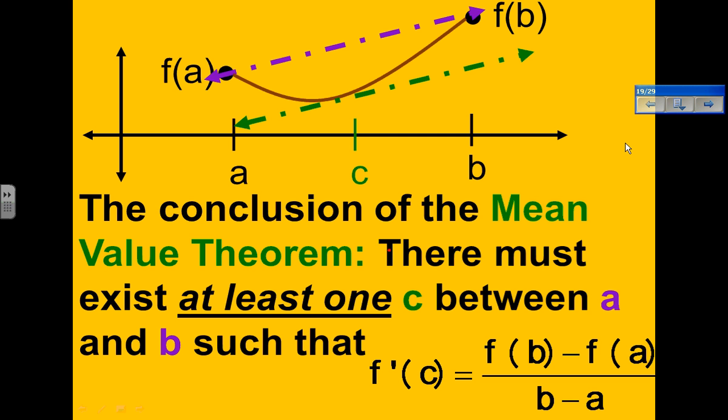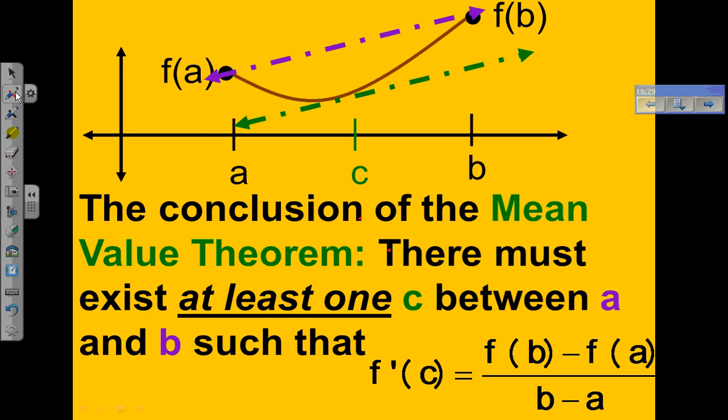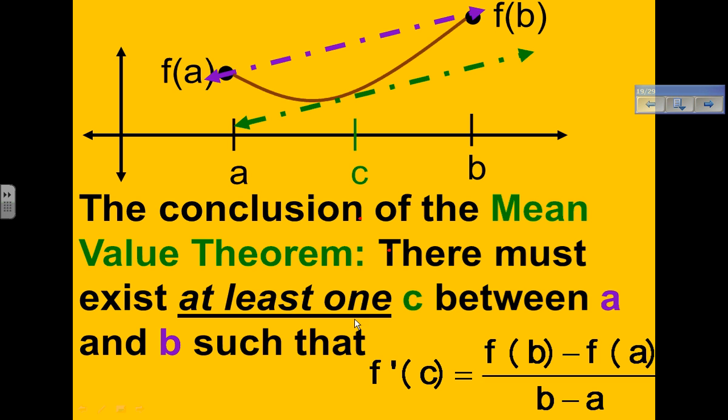So, with that said, I'm going to show you another way it's written in your homework. That way you're not all confused. If I multiply the denominator over, I end up with this: F prime of c times (b minus a) equals F of b minus F of a.